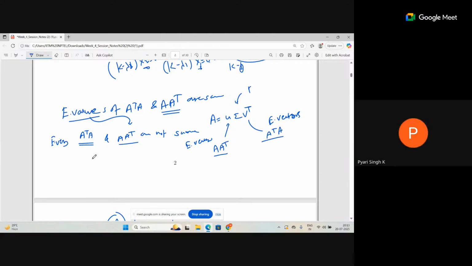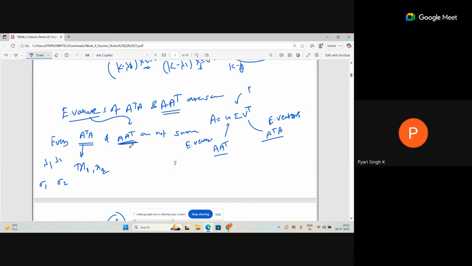One more thing: let's say x1 and x2 are the eigenvectors of A transpose A, and lambda 1 and lambda 2 are the eigenvalues of A transpose A. In that case, what will sigma 1 and sigma 2 be? Square root of lambda 1 and lambda 2. So these are also the singular values for A transpose.